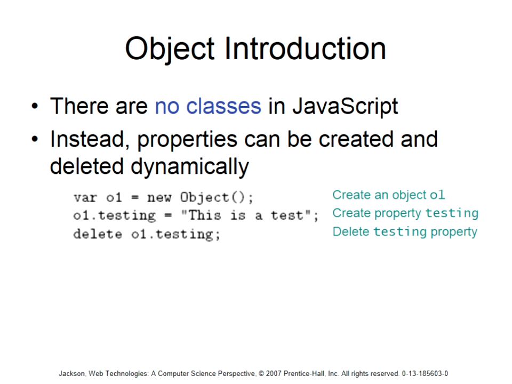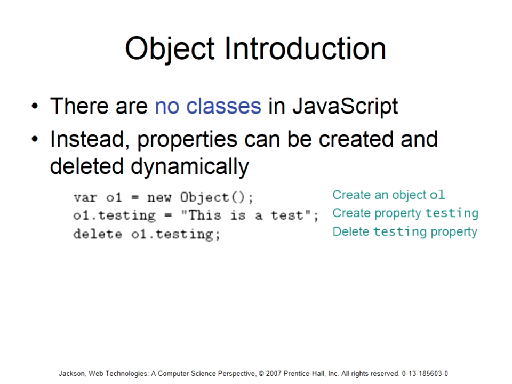So in JavaScript, the manner to create this object is very simple. So there are no classes in JavaScript. Okay, and properties can be created and deleted dynamically. For example, if I want to create a new object, I just write variable o1 equal new Object, and my object is created.